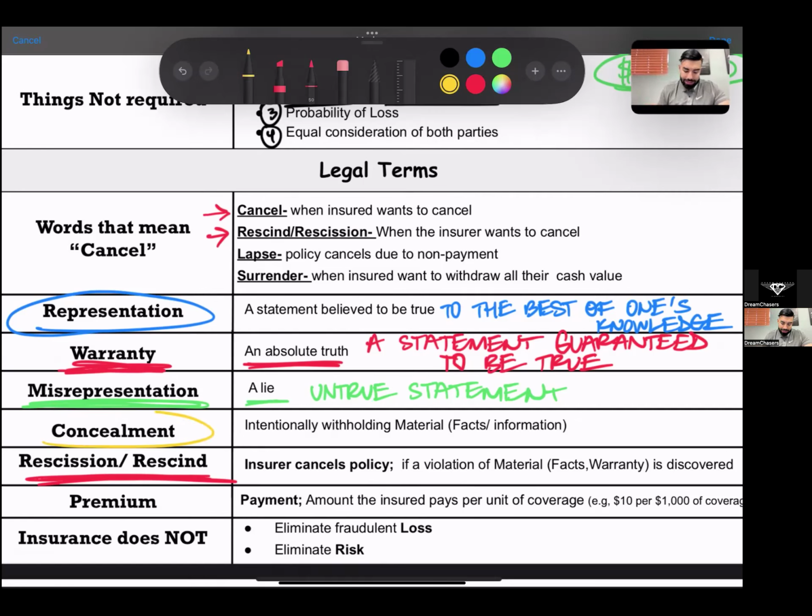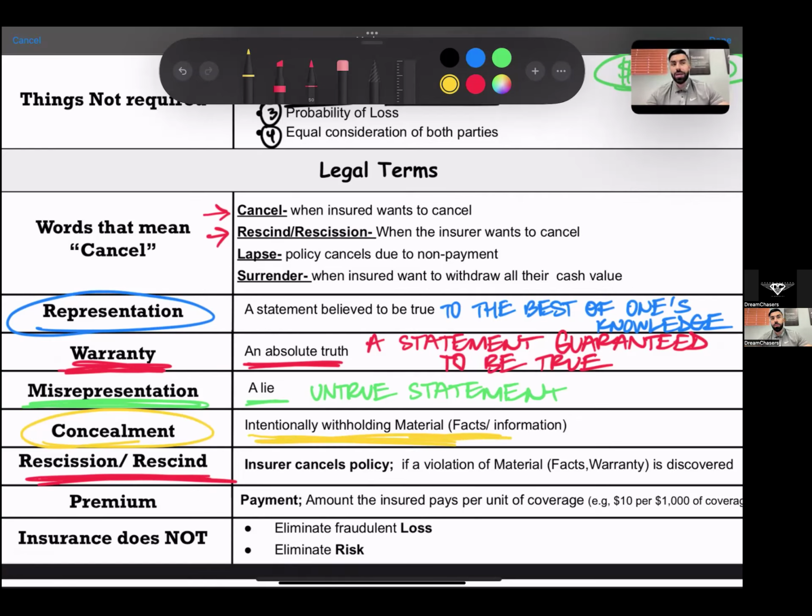Next is the term concealment. So, concealment is the intentional withholding of a material fact. So, concealing information that is a known fact. An example, let's say I'm sitting with you, I'm applying for insurance, and you ask me if I have cancer. I tell you, no, I don't. But I actually go down to Mexico and I get treatment for cancer.